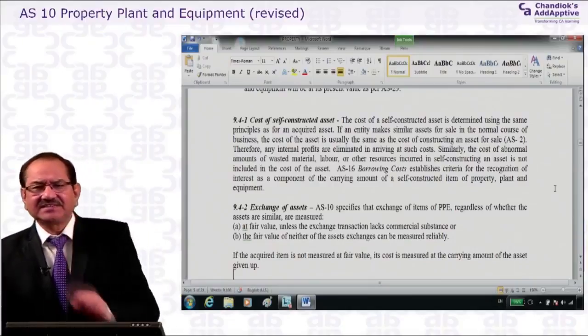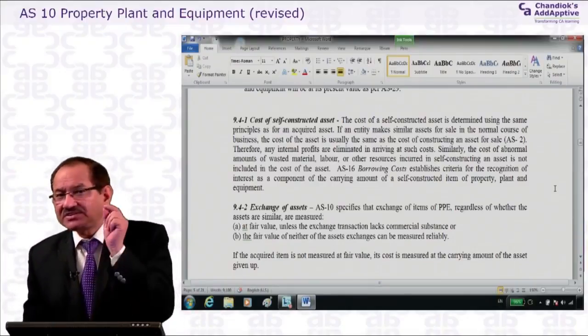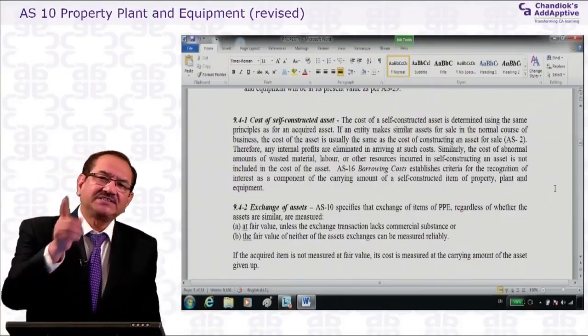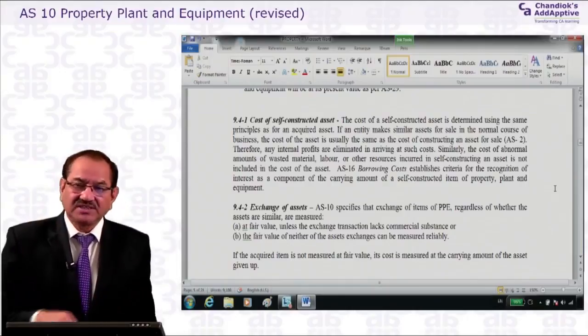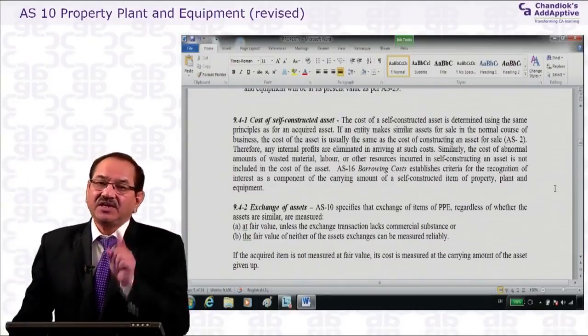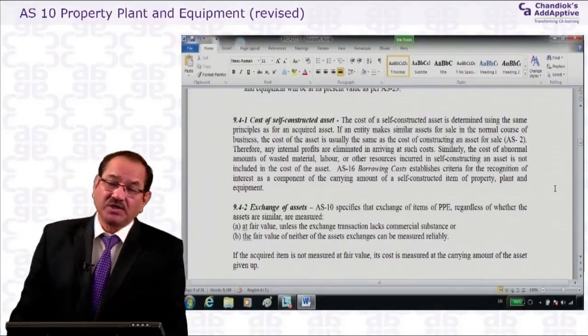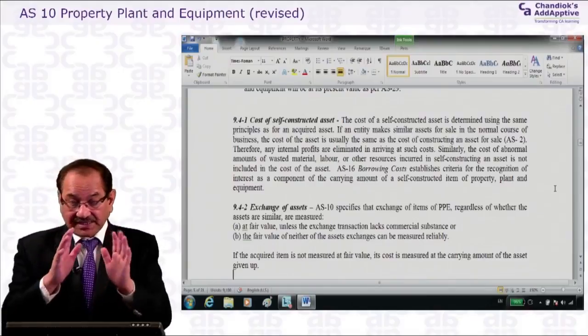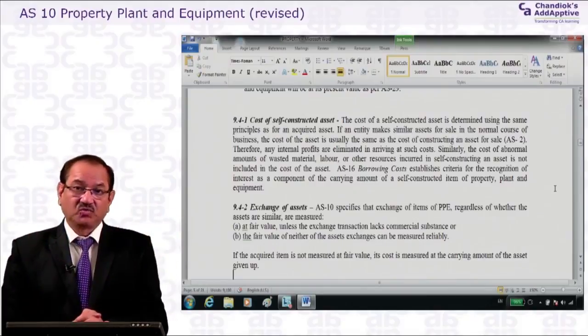The standard clearly says that internal profits will be eliminated. You will not include it at 7,000 because in 7,000 there is a profit of 1,000. Therefore only the 6,000 will be included in the cost of your building. So internal profit will not be included as a cost.